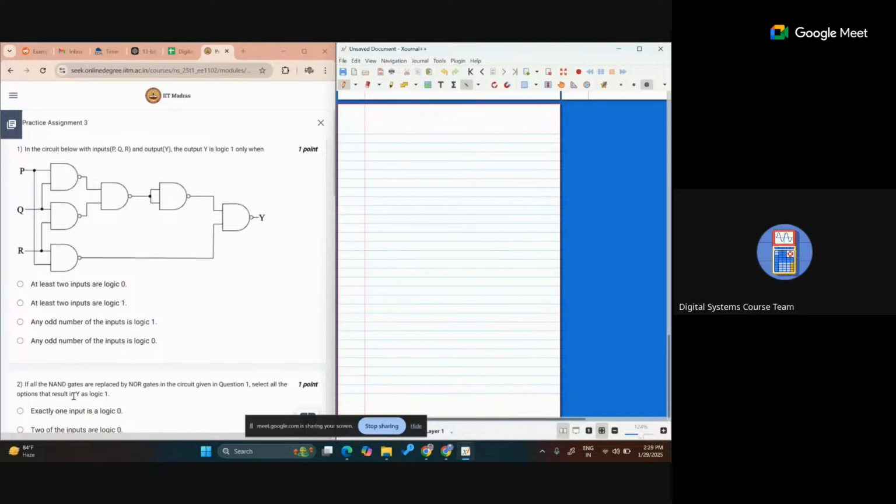Yes, sir. So if all the NAND gates are replaced by NOR gates in circuit 1, only NAND gates are there.